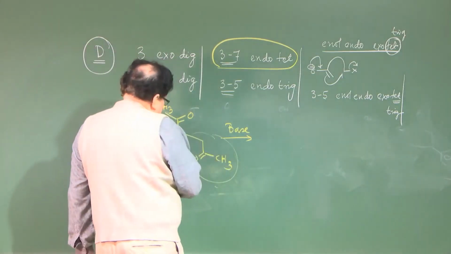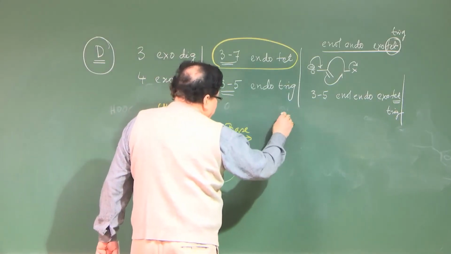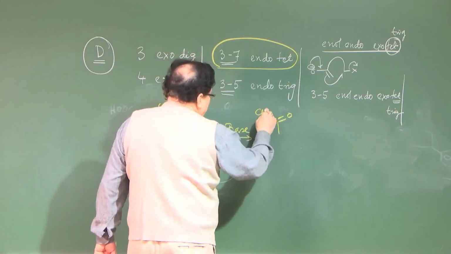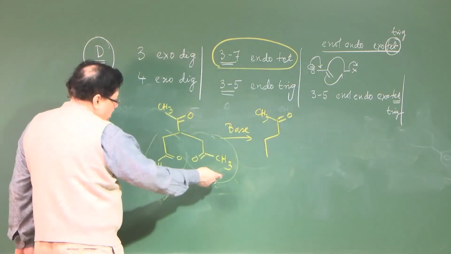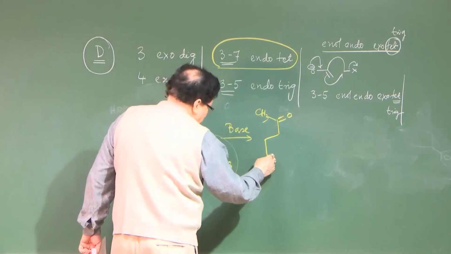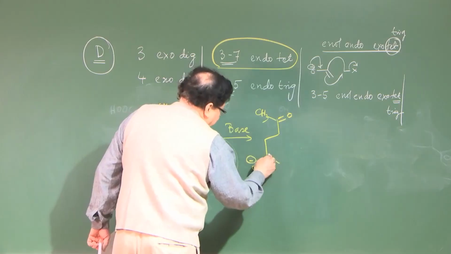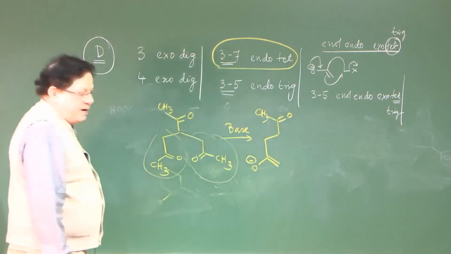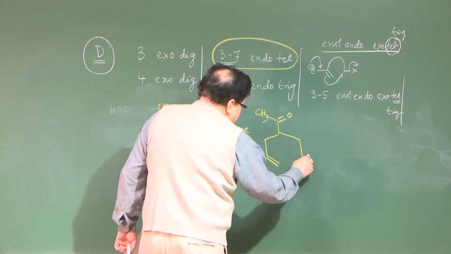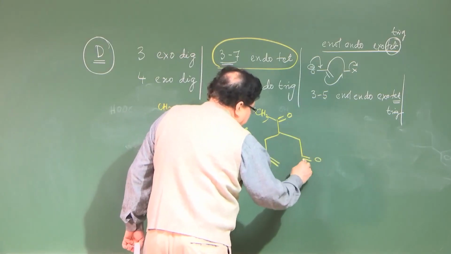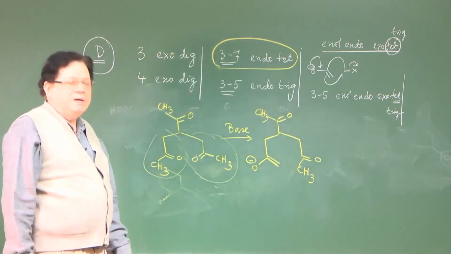So, let us first try to draw the enolate from the carbonyl on this hand. Okay. So, that will be O minus, this is the double bond. So, that is the enolate, and on this side you have COCH3. So, this is one possibility. Okay.